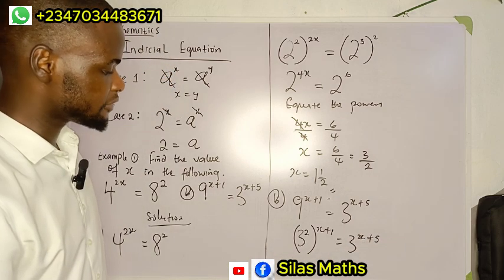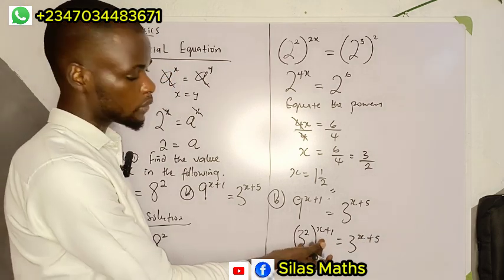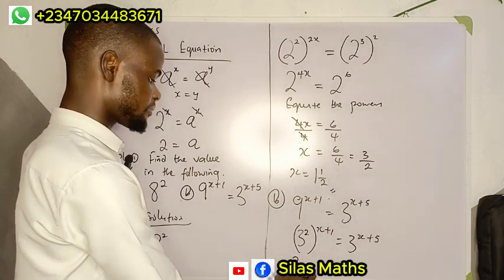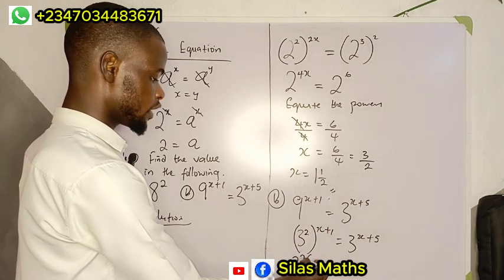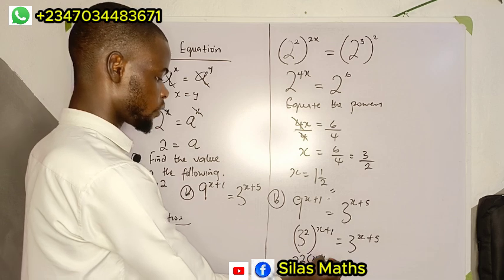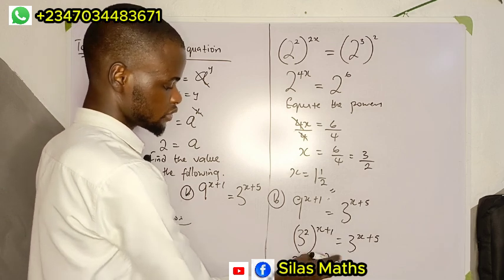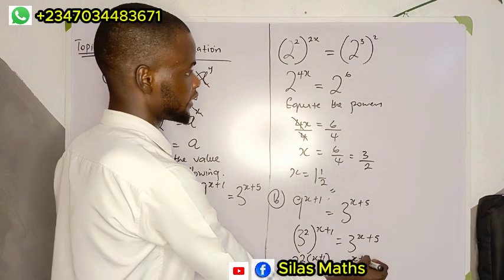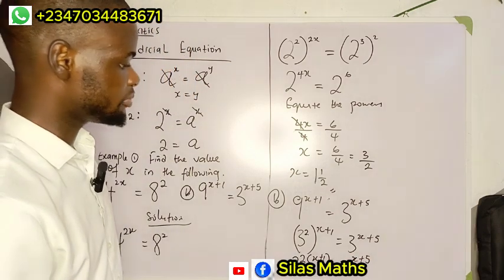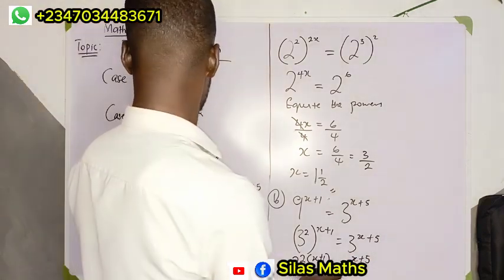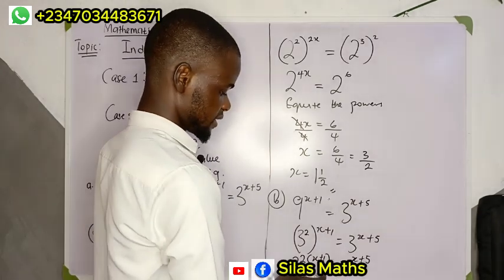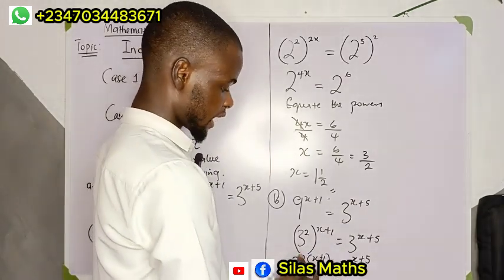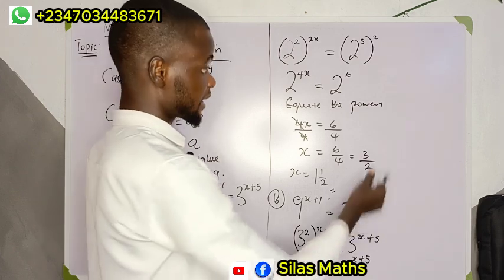So in simplifying further, we'll remember the power law. These 2 multiply. So I'm going to have 3 to the power of 2 in bracket x plus 1 equal to 3 to the power of x plus 5. So to complete that, we can say that either we equate these powers from this point, or I can as well open this bracket from here.